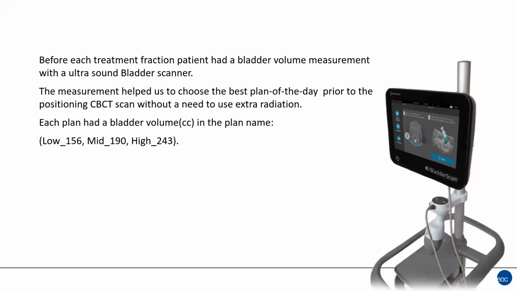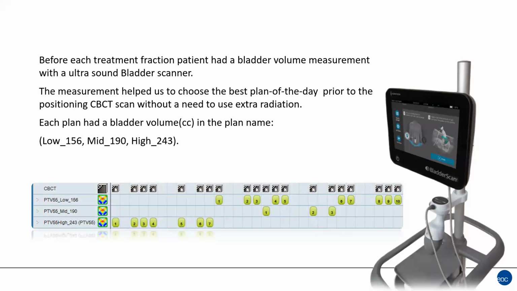So we could skip that by using the bladder scanner, which gives us the reading. This reading could help to choose the best plan of the day. And then we proceed with the standard procedure, so CBCT, positioning, and the treatment.